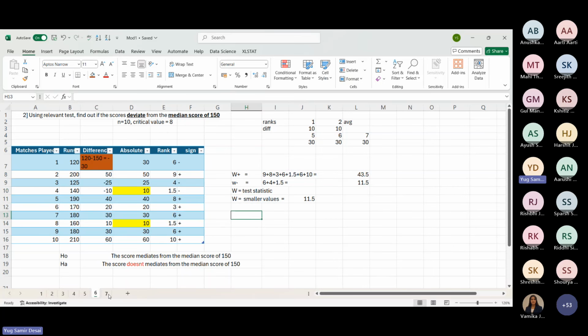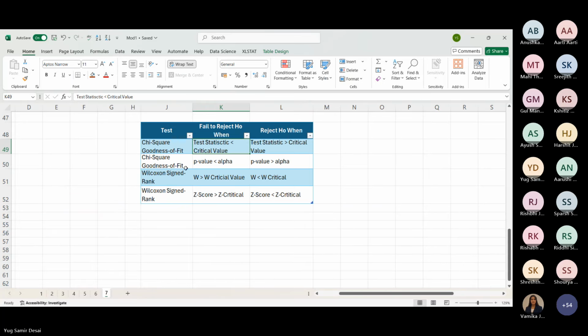Coming back, focus on this one. When do we reject and not reject our null hypothesis based on the critical values? In this case, our test statistic is compared with the W critical value.